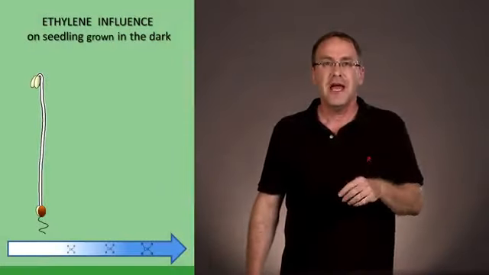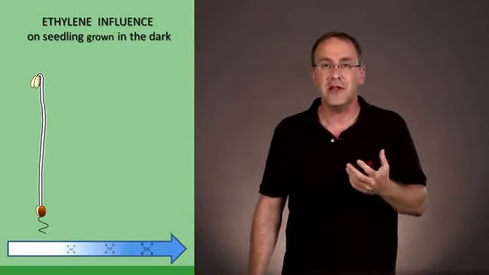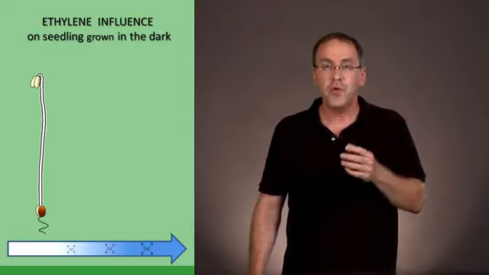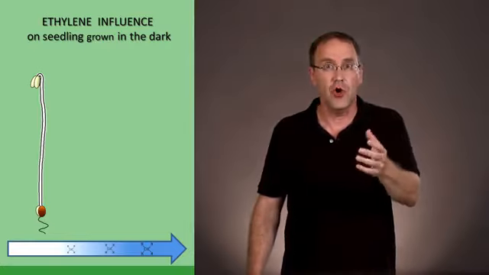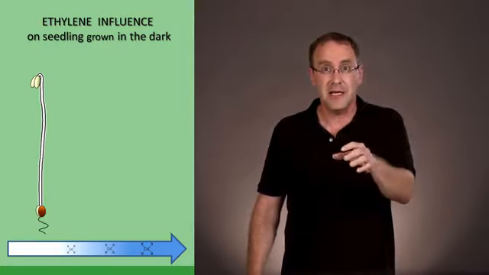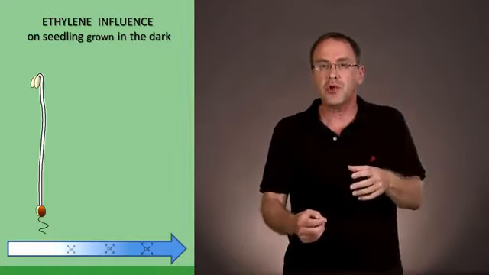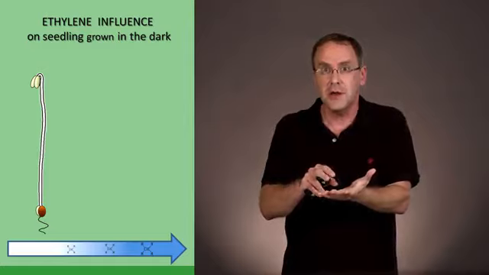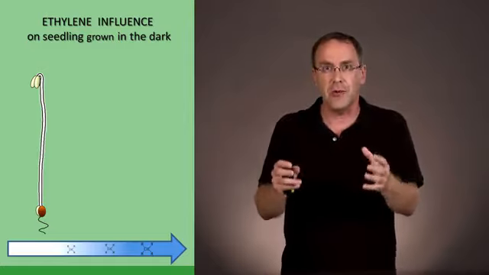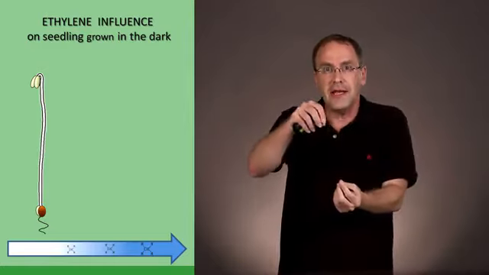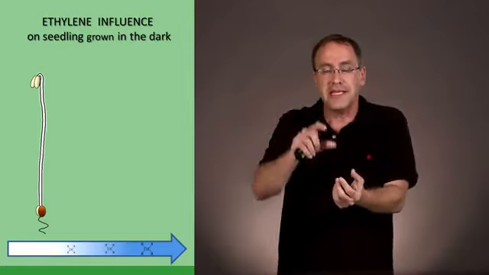So as I mentioned, ethylene can also inhibit seedling elongation. If we grow in the laboratory, or you could actually do this at home in one of your closets, a seedling in the dark, it's very long and spindly. But in the laboratory, if I grow it in darkness, but then add ethylene into the air around it, rather than elongating, the seedling will be rather short and fat.